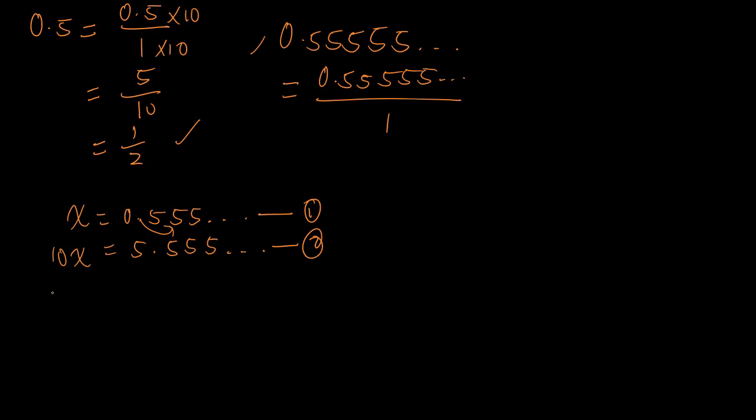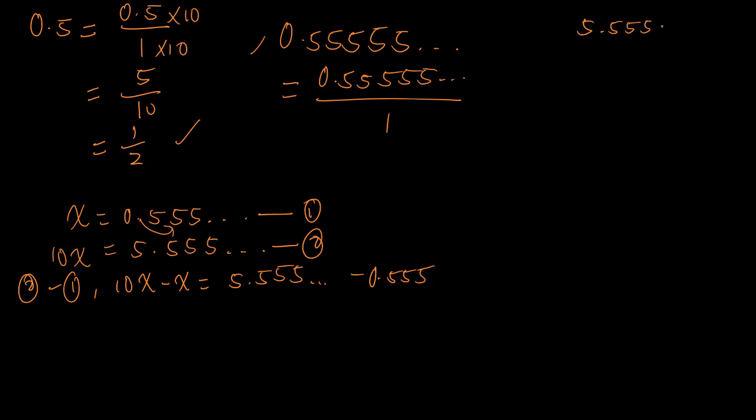Okay, so here comes the trick. If I use the second equation minus the first equation, I will have 10x minus x and 5.555 minus 0.555. So I will change this into vertical form and it will look something like this. I have 5.555 minus 0.555.